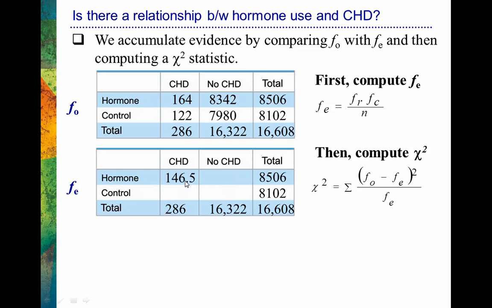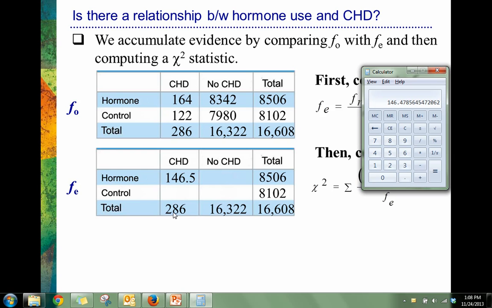Let's work on another one together, and then I'll just move ahead. You could kind of replicate the other ones on your own. Let's deal with this one right here. Now we're dealing with this row, so we see this total, this column, so we see this total. We're going to use that in our formula. So let's take the row total, 8,102.